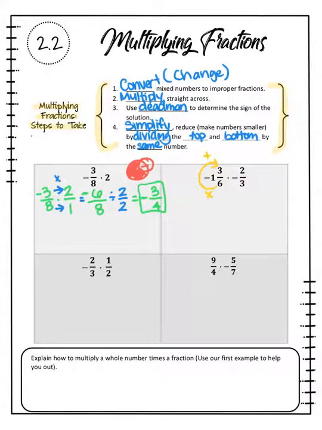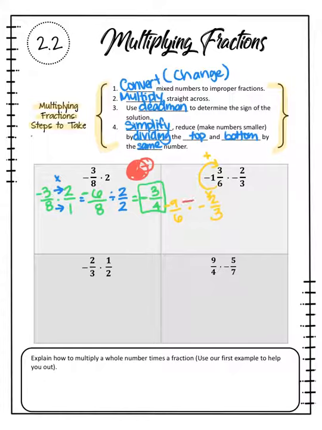So if you multiply 6 times 1, that is 6. And if you add 3 to that, that gives you 9. So we have 9 over 6. And don't forget that is negative. And we're multiplying that by a negative 2/3. If you want, you can put that in parentheses. Usually when we have negative numbers, we do put them in parentheses.